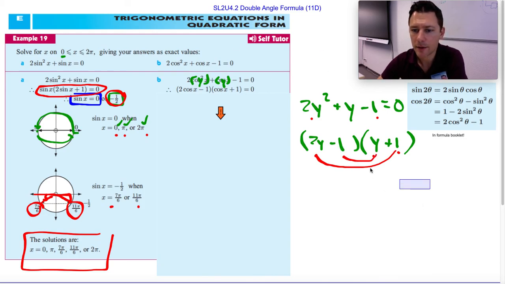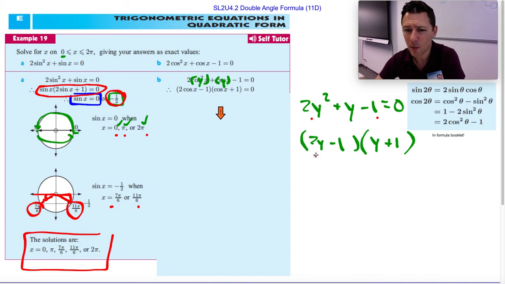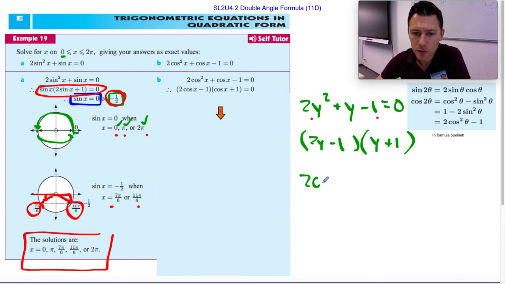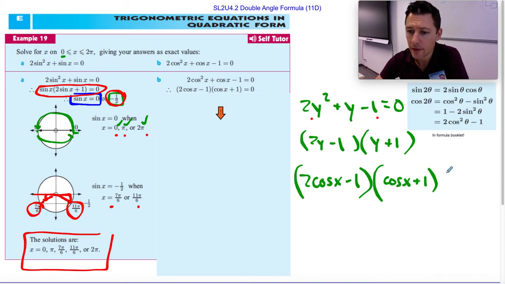Okay, not a problem, but it's not y, it's cosine of x. We just tried to substitute it in to make it a little more visually appealing. So this is 2 cosine of x minus 1, and cosine of x plus 1. Great, and those should equal 0.